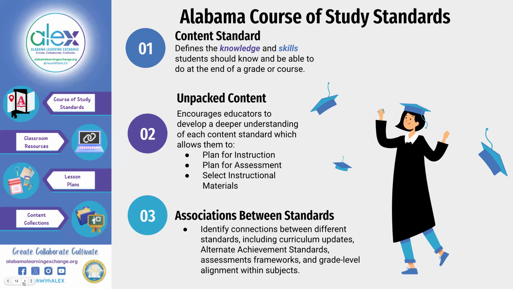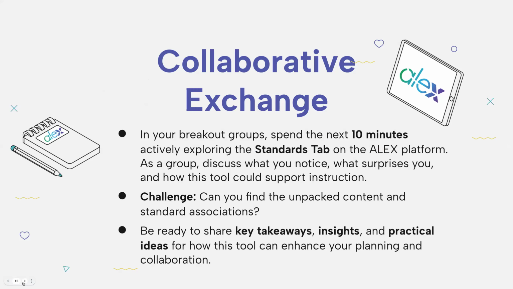Once you have gotten to that standards tab, you are going to work with your group to discuss what you notice. I'm kind of leaving this open to see what you figure out. Discuss what you notice. Do you find anything that surprises you? And how could you use the standards tab and the content that you find there in your classroom instruction?